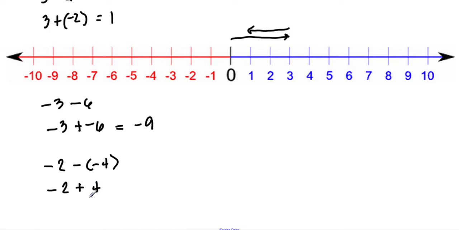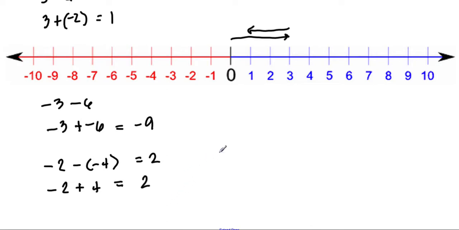So you now have negative 2 plus 4. And from what we learned in the last slide, you have a negative and a positive. You're basically subtracting. So what's 4 minus 2? 4 minus 2 is 2. And the higher of the two numbers is 4, and the sign of 4 is positive. So negative 2 plus 4 is 2. So thus, negative 2 minus negative 4 is actually positive 2.